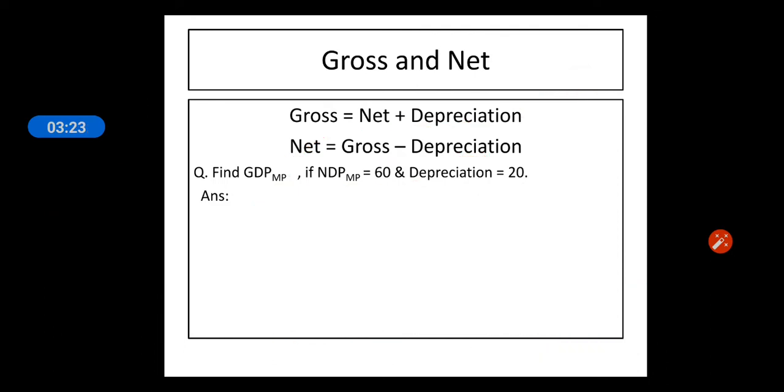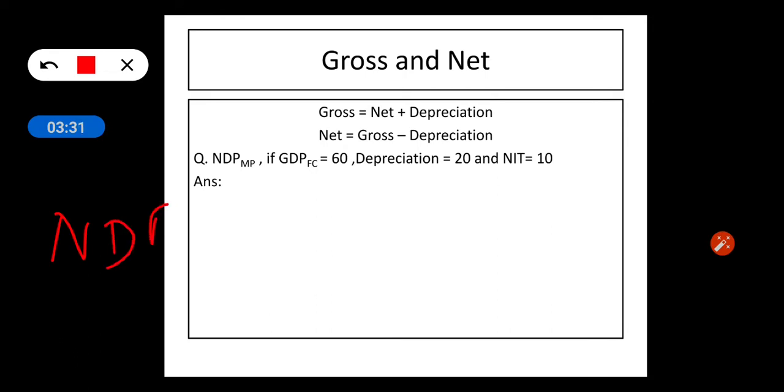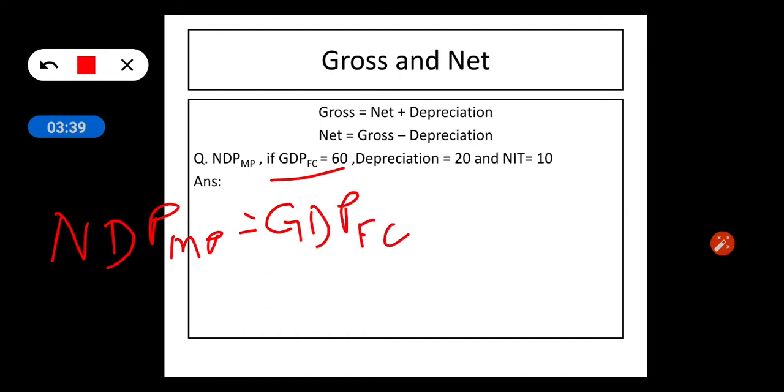Now let us increase the level of difficulty. In this question we have to find NDP at MP from the given GDP at FC. Like I have said earlier, you have to check this factor first. Okay, MP, FC, MP first.